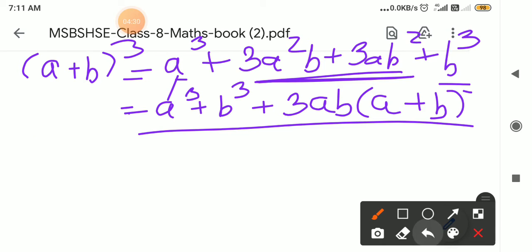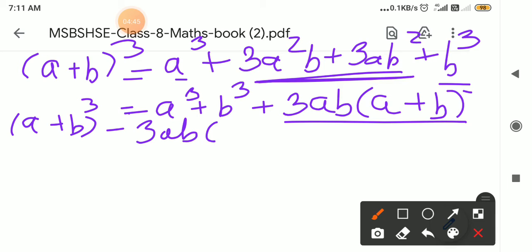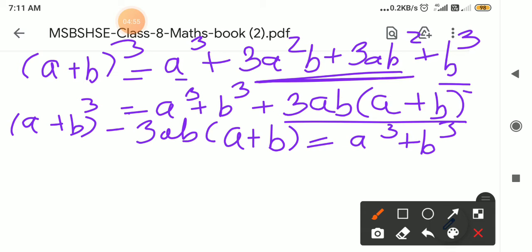Let us change the side at first so it is not confusing. (a plus b) cube plus 3ab into bracket a plus b, moving to the other side, becomes negative, equal to a cube plus b cube. Clear? So a cube plus b cube is equal to (a plus b) cube minus 3ab into bracket (a plus b).